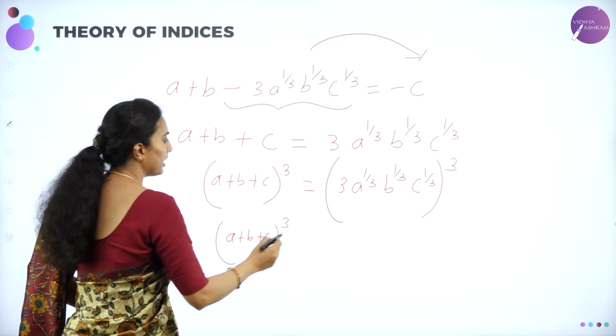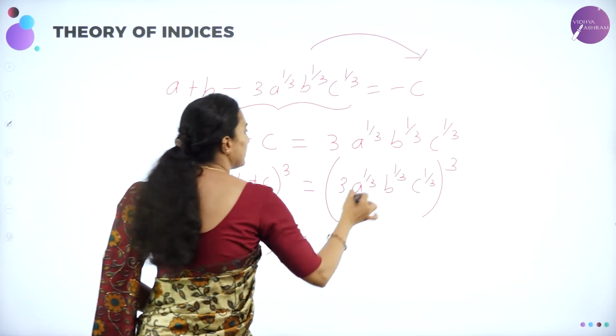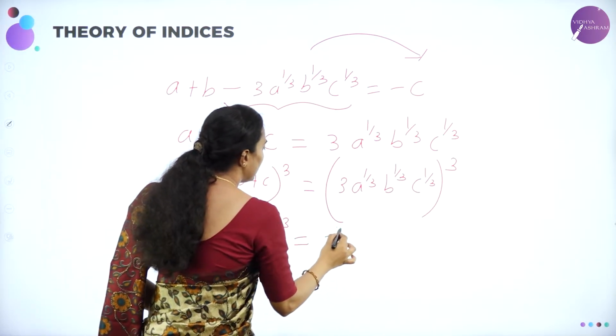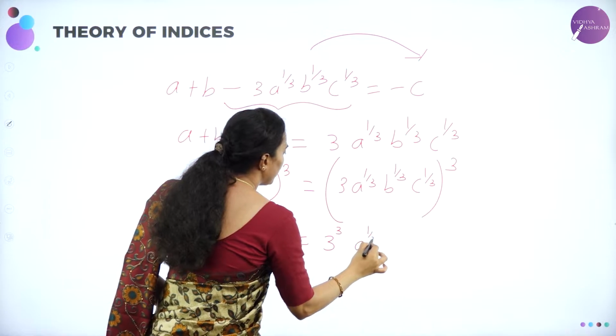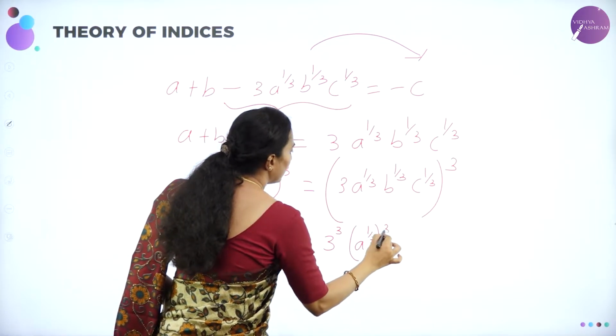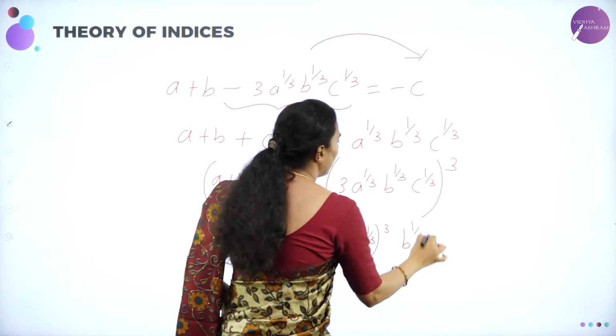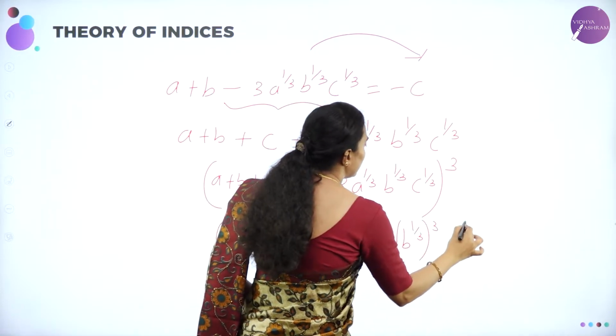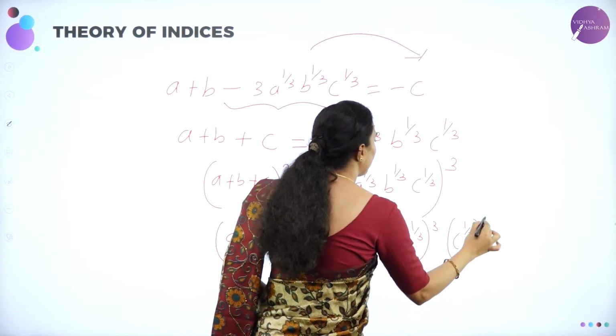I'm going to keep it the same, and I can raise each to the power 3: a to the power of 1 by 3 whole power 3, b to the power of 1 by 3 whole power 3, c to the power of 1 by 3 whole power 3.